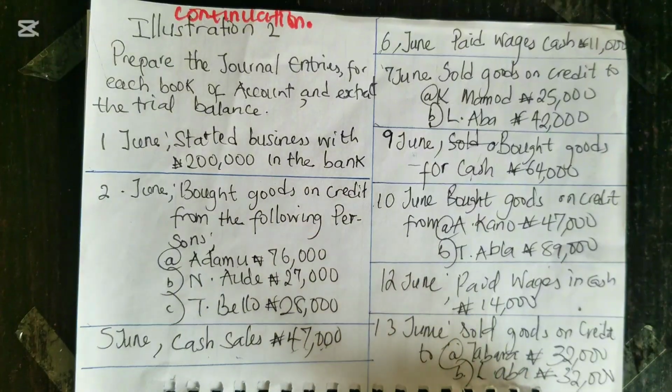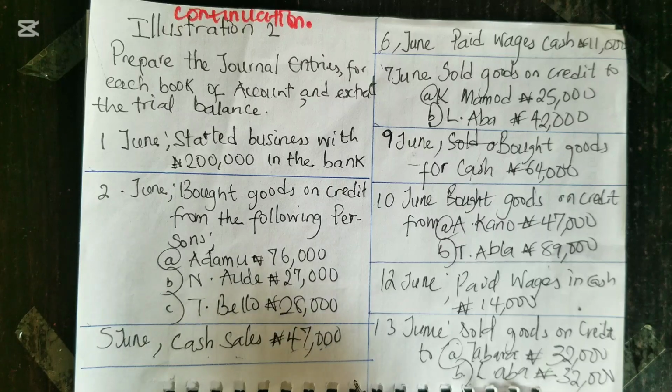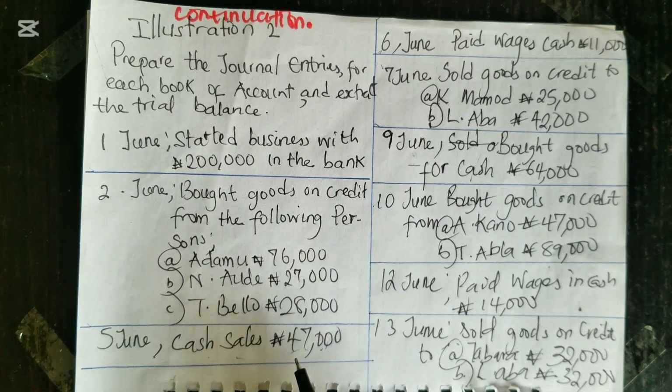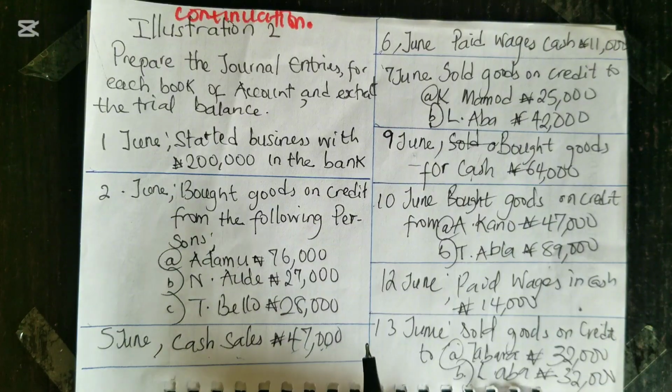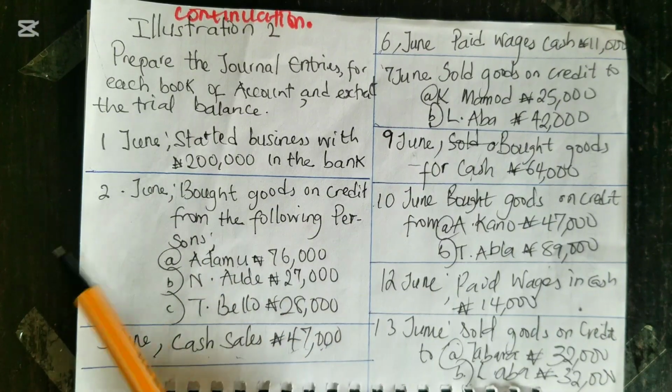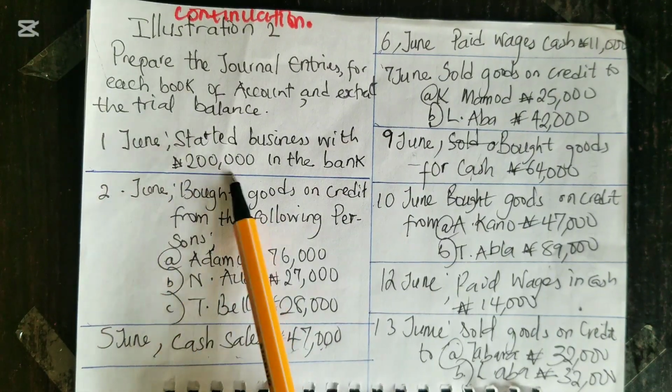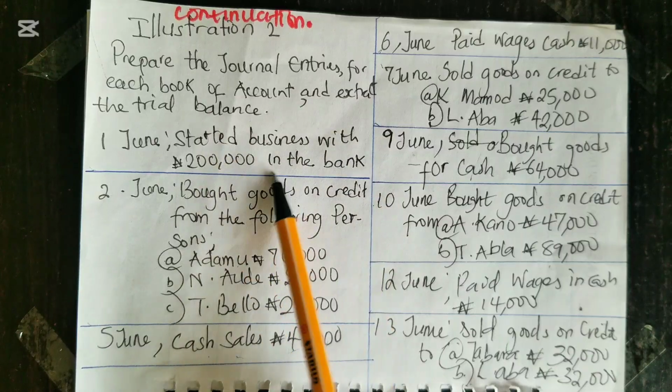In the first class we did concerning ledger, we just prepared the ledger account. But in this particular class, we are going to be extracting the trial balance also. So number one was June 1st, started business with 200,000 naira in the bank.